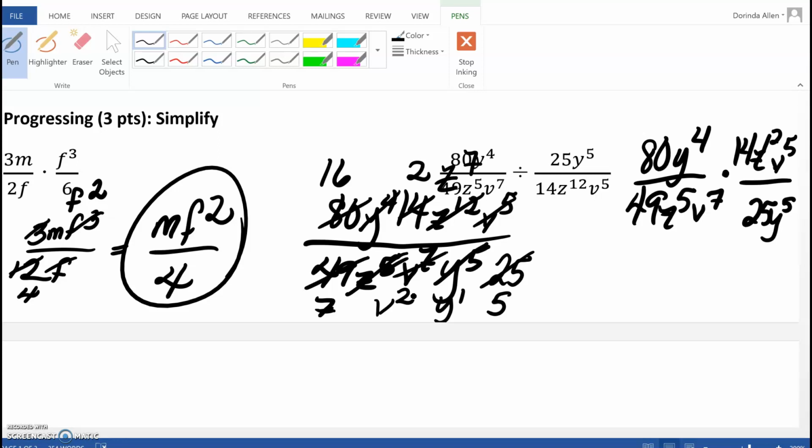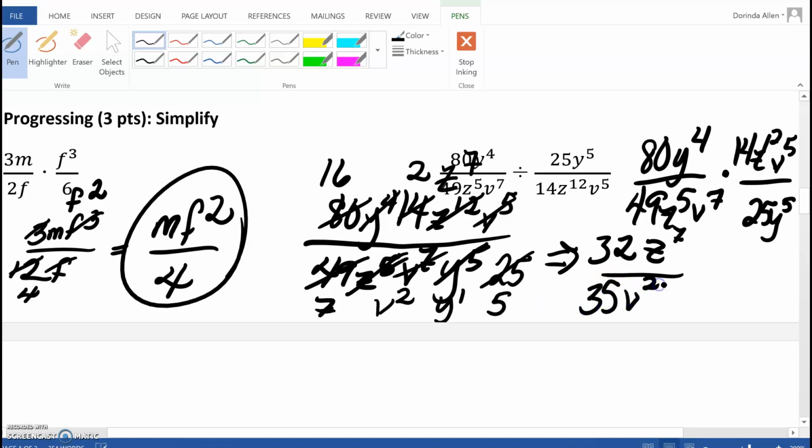So I'm left with on top 2 times 16 is 32 z to the 7th over 7 times 5 is 35 v squared y. So not too hard, it just kind of takes a little bit to simplify it all down.